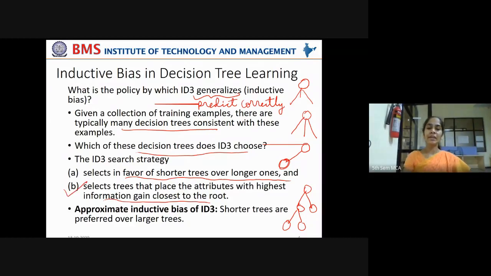That second criterion is: select trees that place the attributes with highest information gain closest to the root. The root node is selected by the attribute having the highest information gain. Correct? That will provide the best classification, so that the tree further constructed will be simpler. It will not get complex.